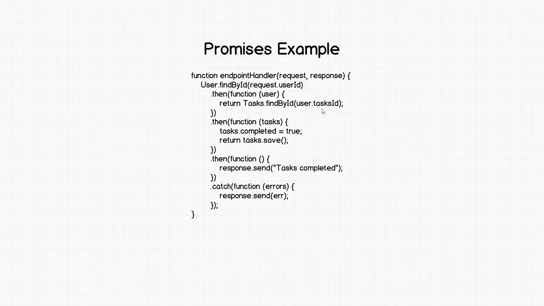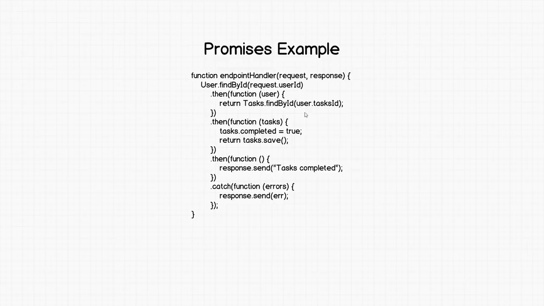And in the same manner we can do these lines of code over here, and then tasks.save is yet another async operation, so we want to return that as well. And then we supply another function that should be executed once this is done, and now we don't need any parameters here, so we just respond back to the client saying tasks completed.